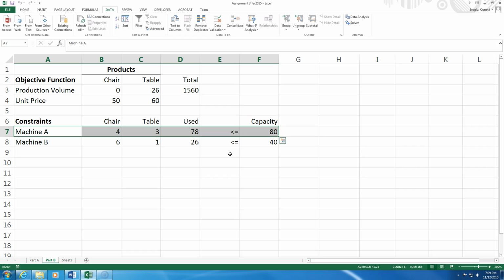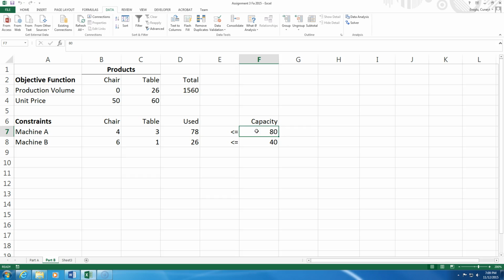Now let's go back to 40 hours per week for machine A. Let's suppose we decided to make dinner table sets. Instead of selling chairs individually and tables individually, we want to sell each table with 4 chairs.